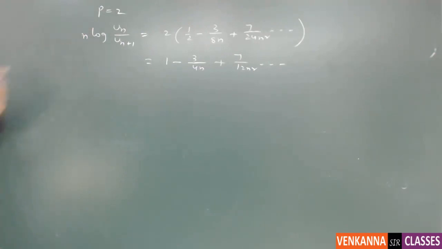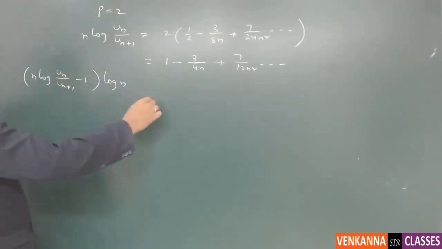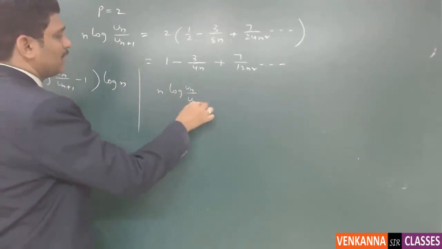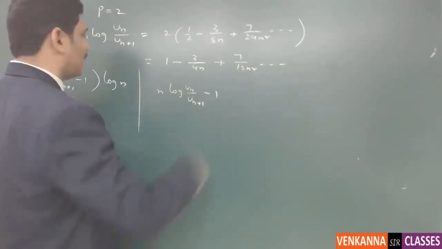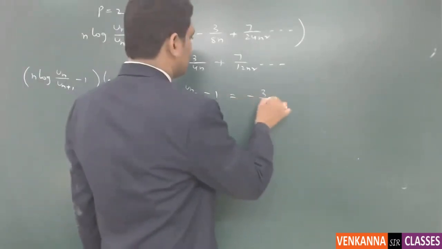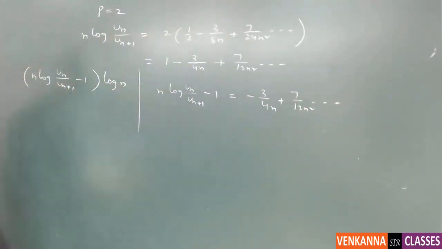Now if you apply the test condition, the second logarithmic test, the test condition is n into log of un by un plus 1 minus 1, times log n. This is the test condition. So let us calculate one more term: n into log of un by un plus 1 minus 1. If you calculate the value, it will be minus 3 by 4n plus 7 by 12 n square, and so on. So for this whole term, you are applying the logarithm.